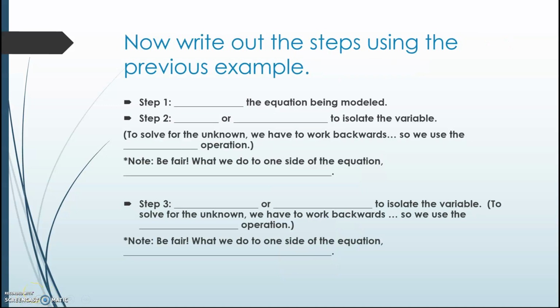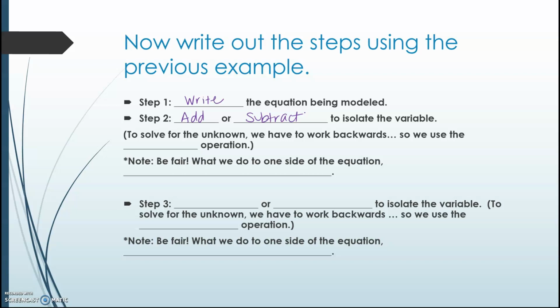All right, so let's write out the steps. Step 1 is to write the equation being modeled. Step 2 is to either add or subtract to isolate the variable. So to solve for the unknown, we have to work backwards, okay?